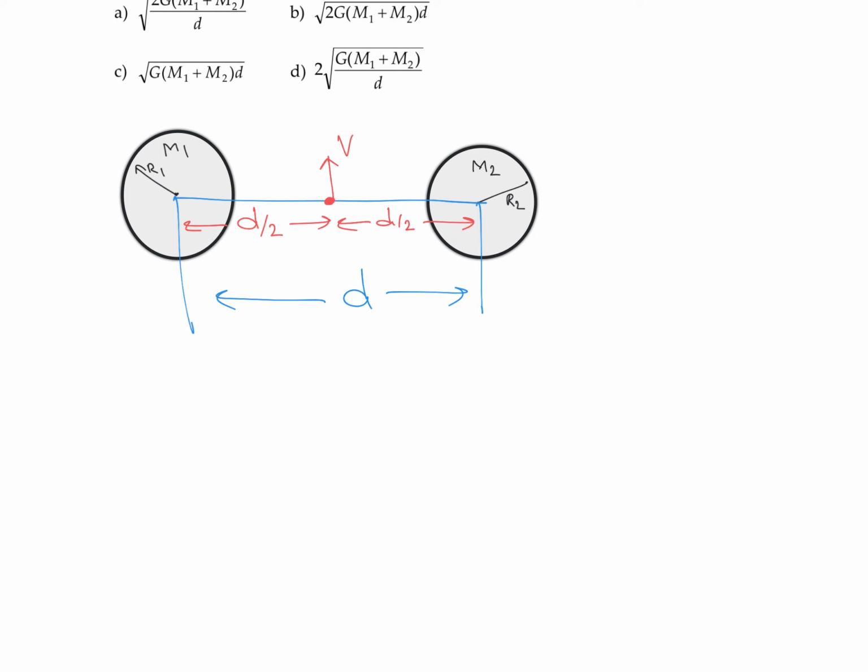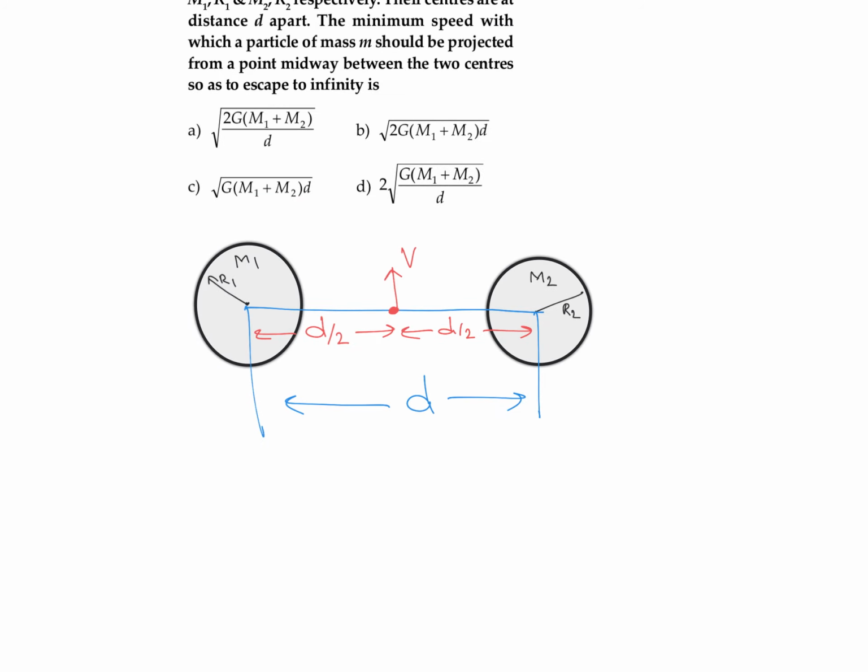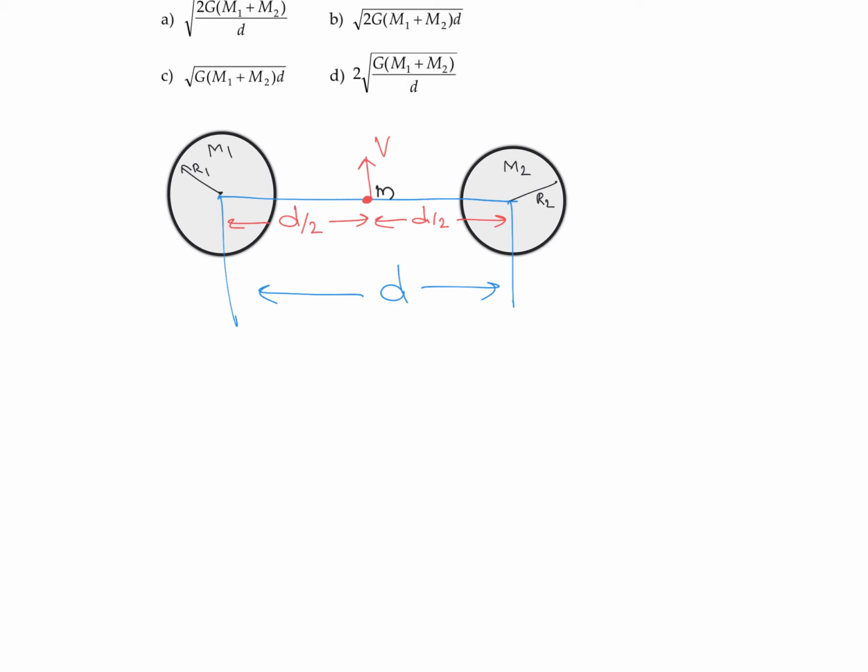So we can find the value of the total energy of the system. If you are projecting an object of mass m from here, its total energy is the sum of its kinetic energy plus potential energy.